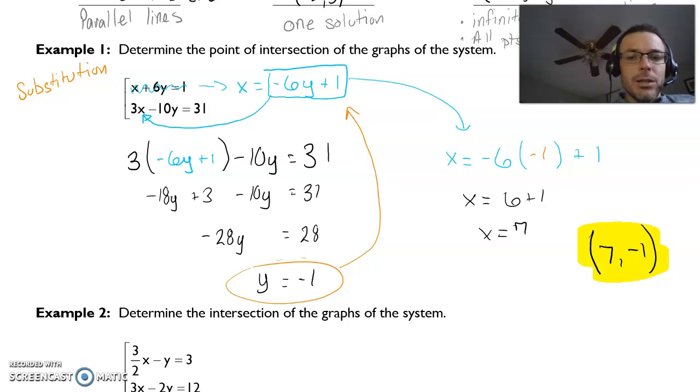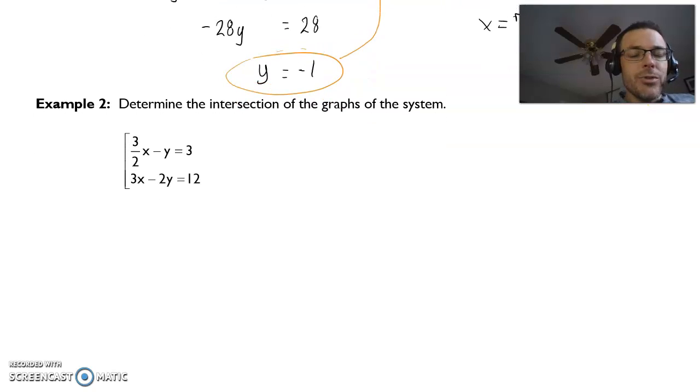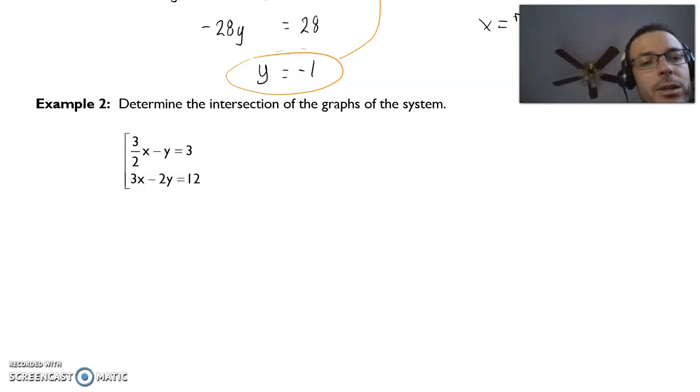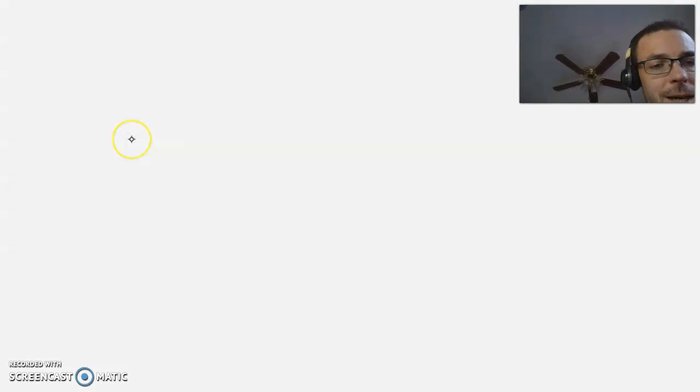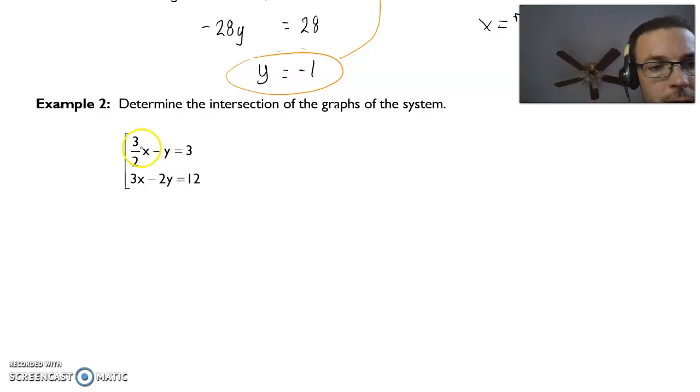Example 2 can look a little bit tricky when we have this fraction. Don't forget, it's often easier to clear a fraction before we start dealing with this. So when I talk about that, what I mean is I'm going to take this entire first equation and multiply everything by 2.